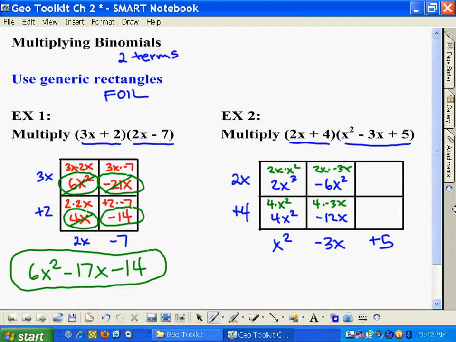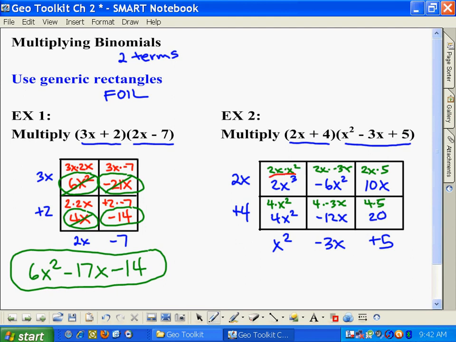Getting close here. Next box over here on the top would be 2x times 5, and 2x times 5 would be 10x. And then our last square here is going to be 4 times 5, and 4 times 5 would be 20.